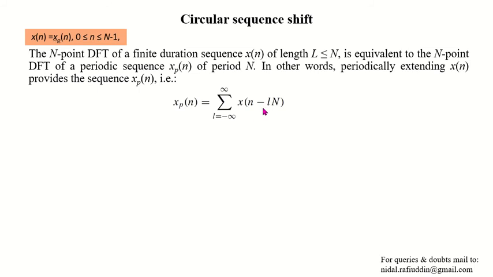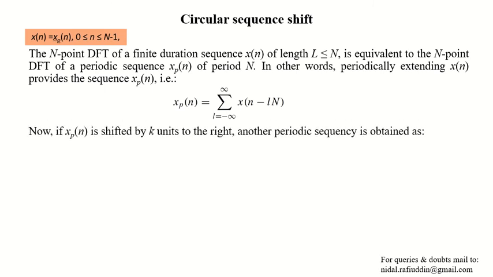So this x has N points, and in order to repeat this signal x(n) from minus infinity to plus infinity, we shifted x(n) by the term N and varied the multiplicative factor l from minus infinity to plus infinity. So with this expression we are trying to replicate the signal x(n) from minus infinity to plus infinity. This will be clear from the upcoming question that will be shown in the upcoming slides.